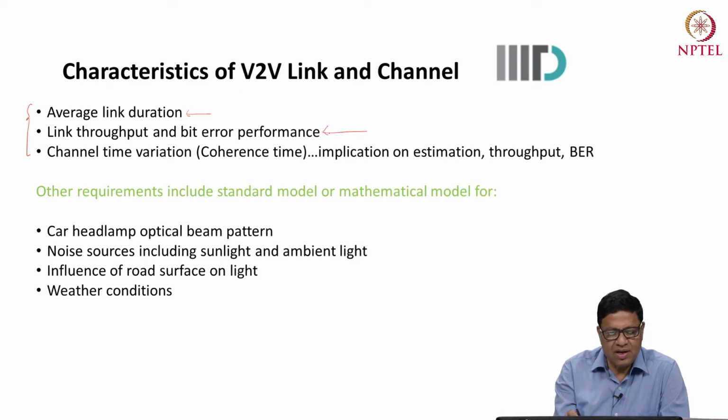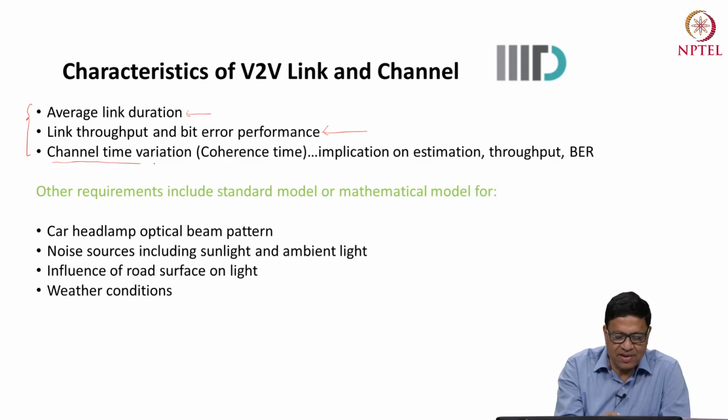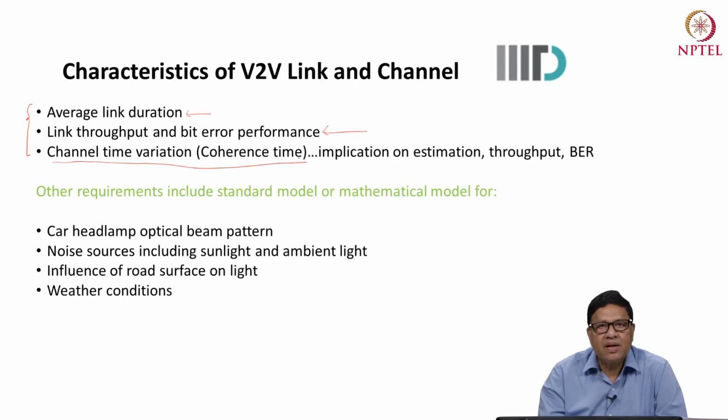And what is the link throughput and bit error rate performance? What is the throughput you can get and what is the error performance? The third is channel time variation, or coherence time. When you are considering vehicle light as the communication medium between two vehicles, your channel is almost constant for how much time, which is called the coherence time.